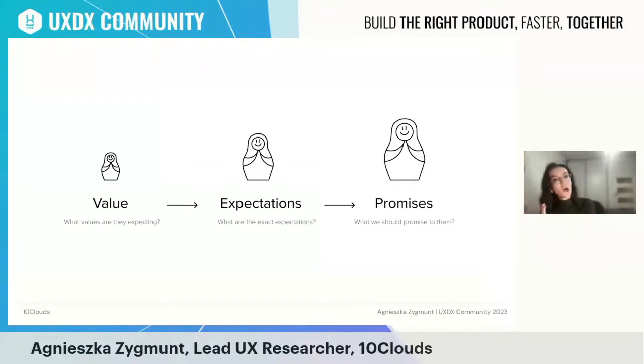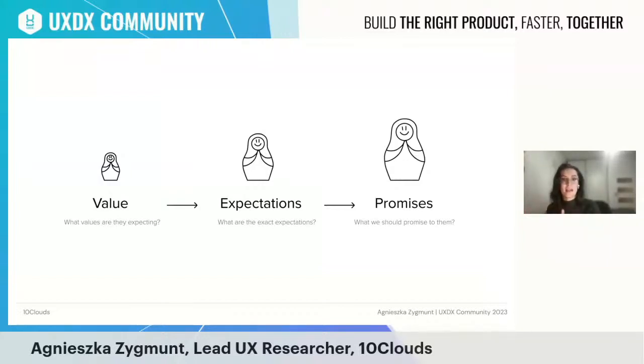If you want to build a promise, you need to start from the end. You need to start with the value. You need to ask yourself, okay, what values is the user expecting from us? If you have the answer for this, if you, for example, find them in the research, then you are asking yourself, okay, I know about the values.